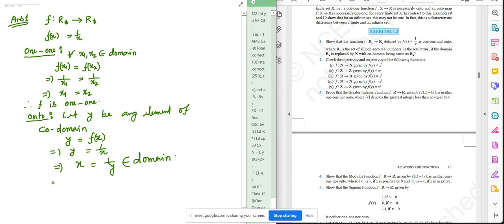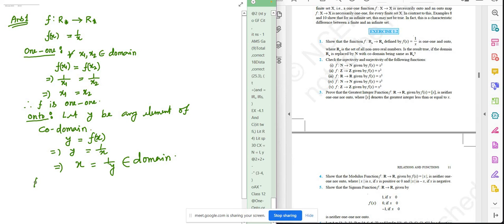It means, because we have taken an arbitrary element of the codomain and shown that y has a pre-image, the pre-image of y is x, whose value is 1 by y, and this belongs to the domain.